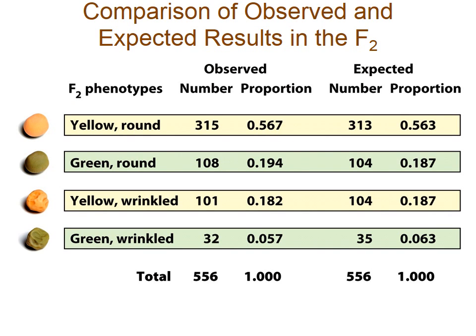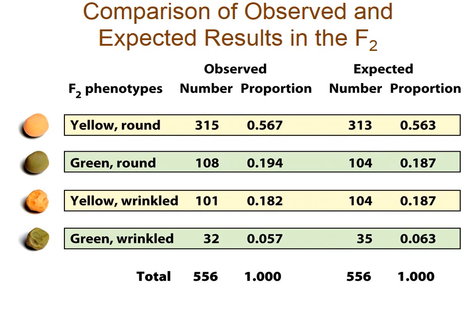Okay, here, this is the slide that I was referring to before. We can go through and we can count it and we can look at these proportions, right? And what we see is that you have an observed number. When you total up all the observed numbers, that 556 over here, if this population was exactly in a 9:3:3:1 ratio, how many would you expect to be dominant out of 556?